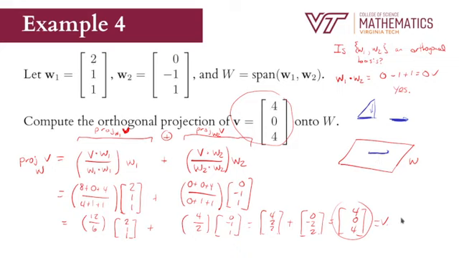And so this is a way, indirectly, to show that V is in W. Okay? This won't usually happen. Most of the time, V won't actually be in W, but it can be, and this is what happens when V is in W. You get V as the projection. All right.